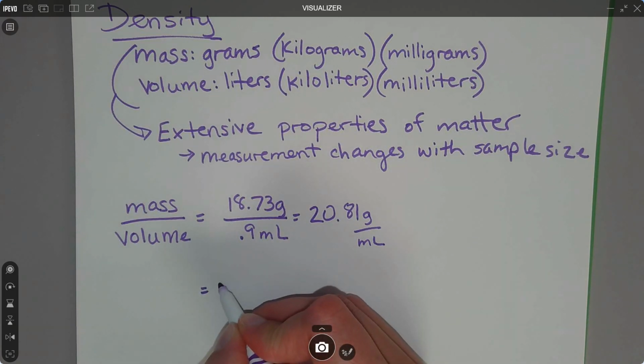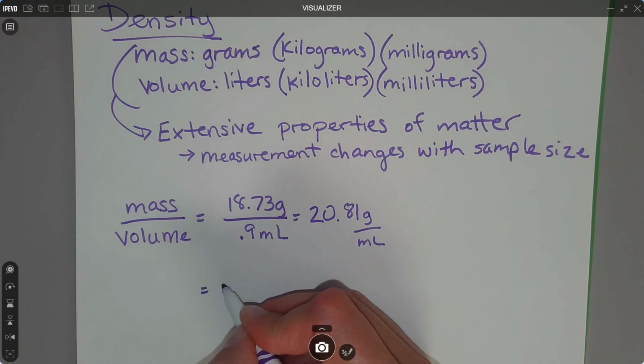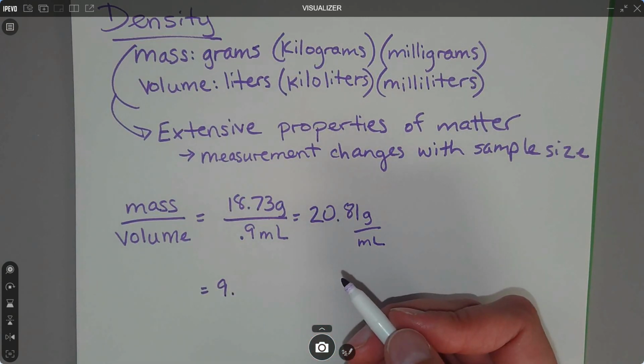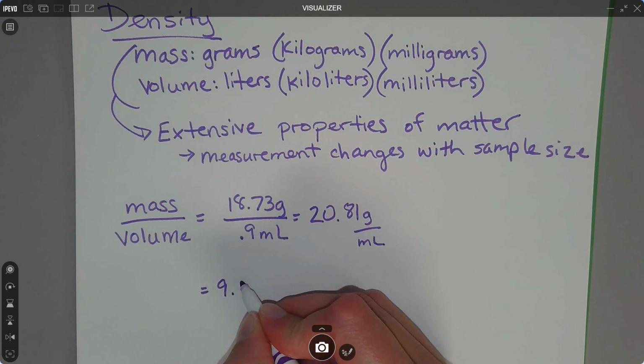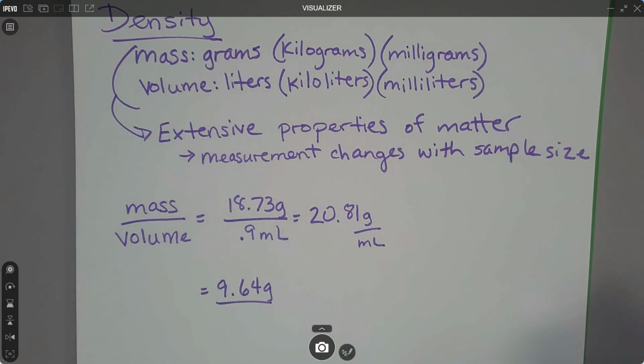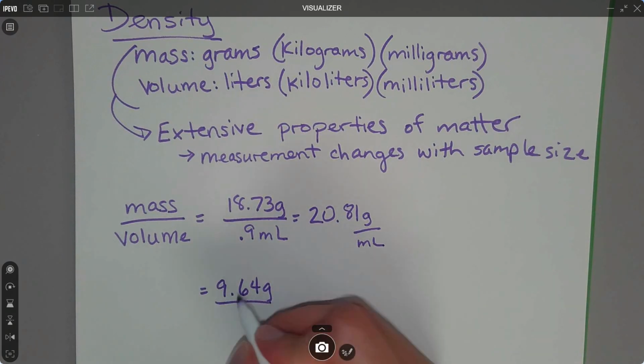Let's suppose the other thing weighs 9.6, I don't know, but I want another digit here, 4. Okay? And it has a volume of 0.5 milliliters.